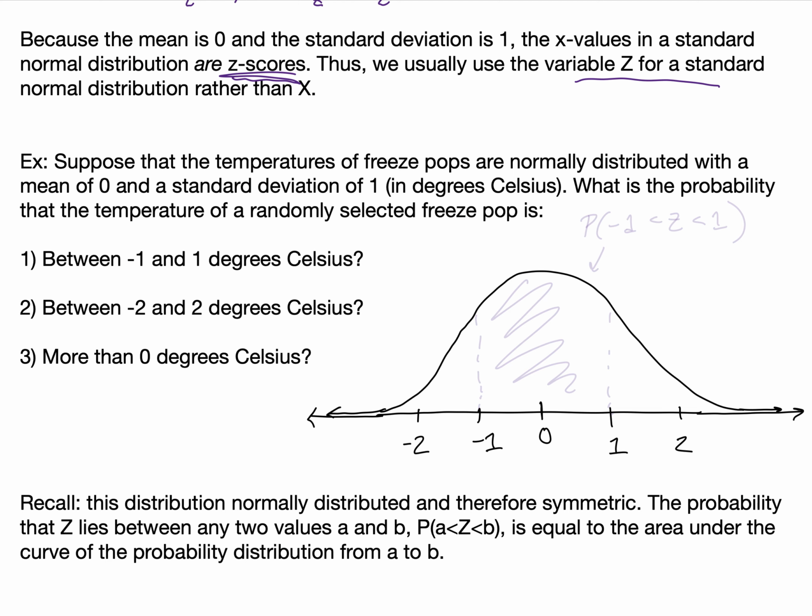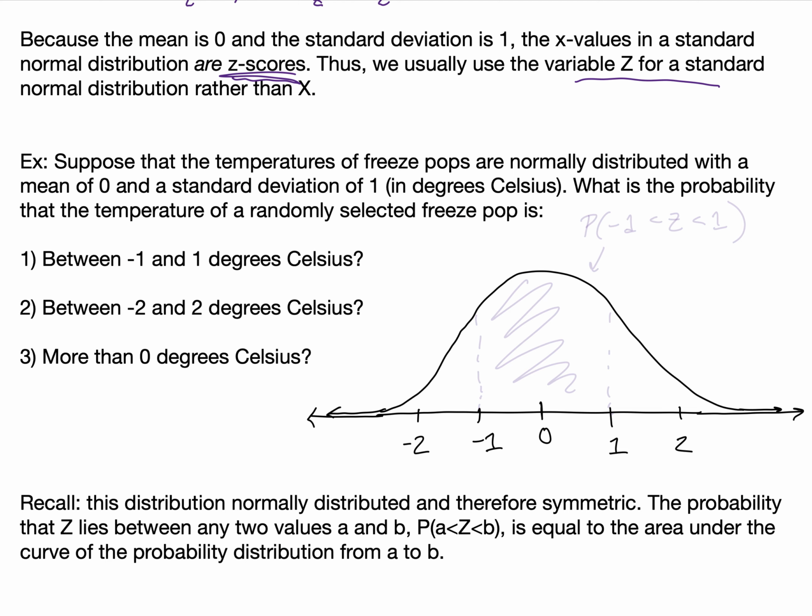So some things to help you start to think about this. Recall that this is a normal distribution and therefore it is symmetric. My drawing is not exactly symmetric, but the normal distribution should be symmetric. And the probability that z lies between any two values, a and b, P(a < z < b), is equal to the area under the curve of the probability distribution from a to b.